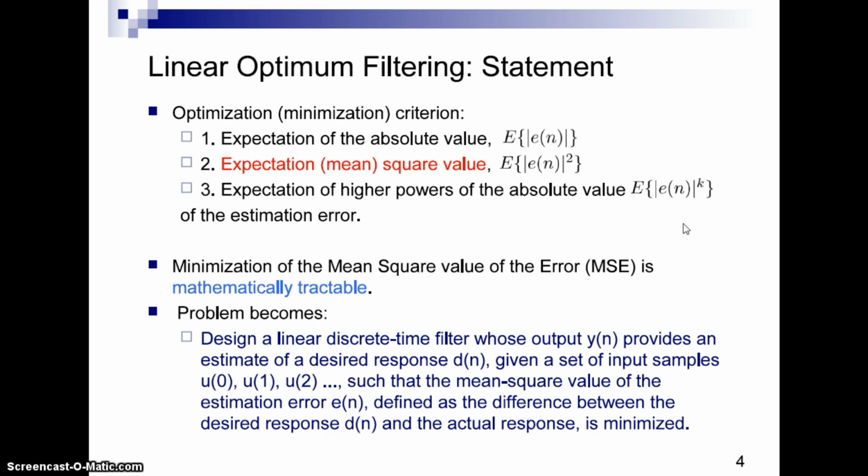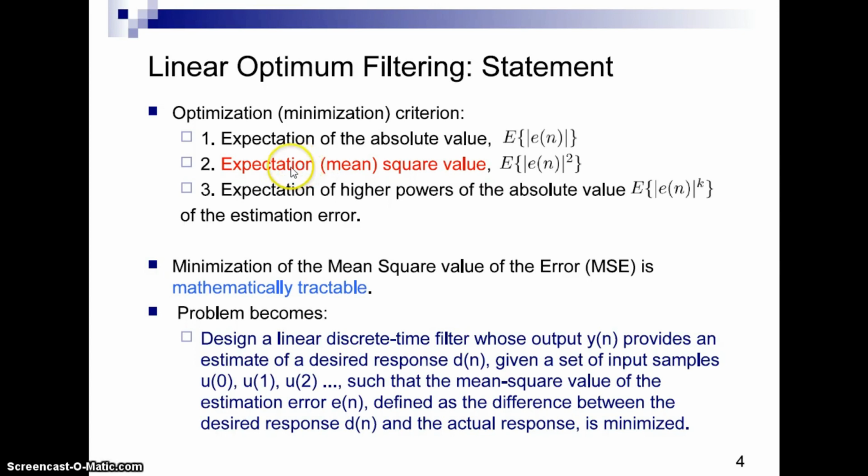Now option 2, the mean square value of the estimation error, has a clear advantage over the other two, 1 and 3, because this second possibility leads to tractable mathematics.